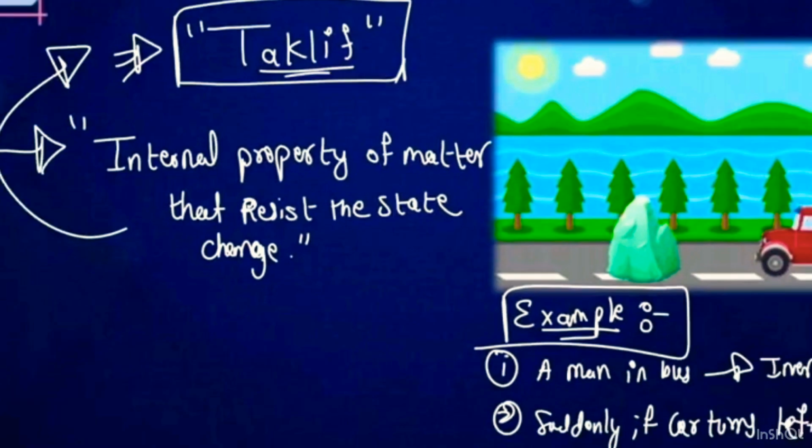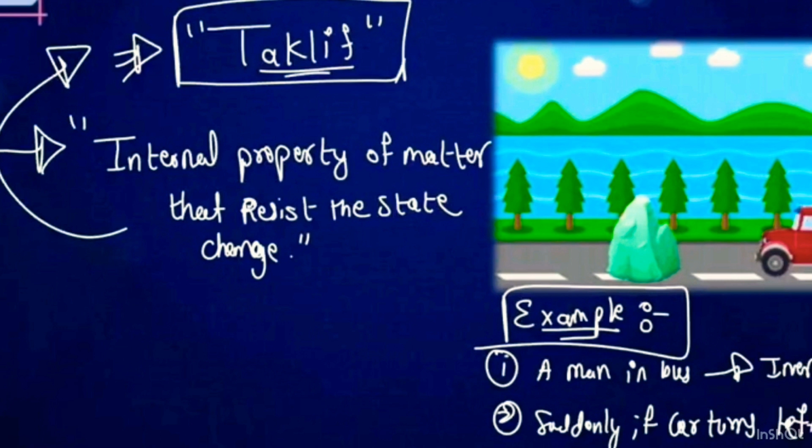So let's state it: it is the property of an object to resist the change in its state of rest or uniform rectilinear motion. You're sleeping, an earthquake comes, and you resist that change.